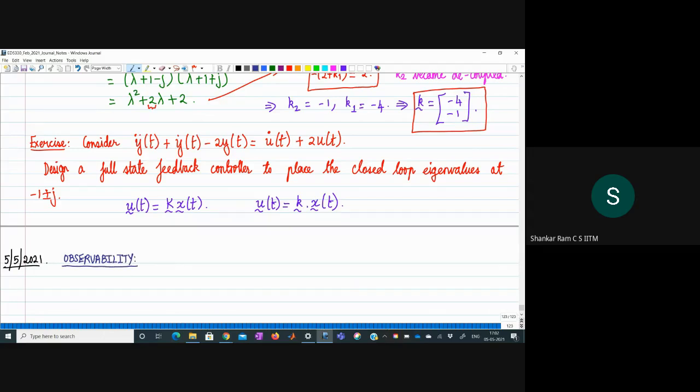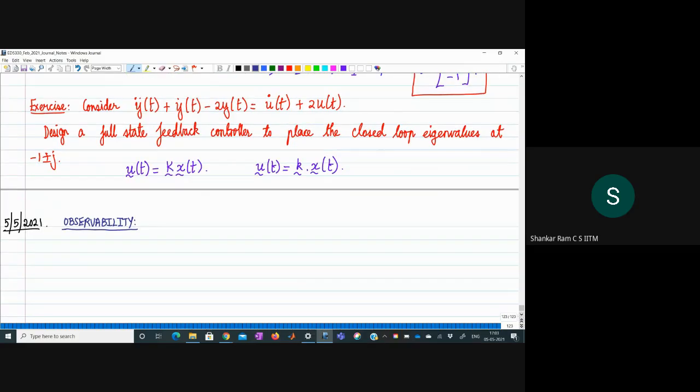Typically, among structural properties, we would have looked at stability and controllability. Observability is another structural characteristic or property when we consider the state space. So let's see what this is.